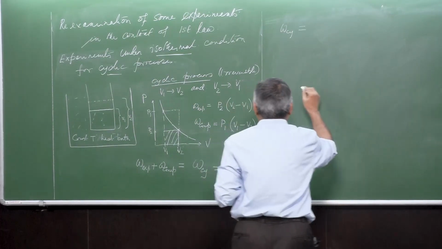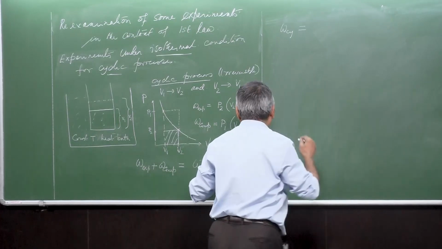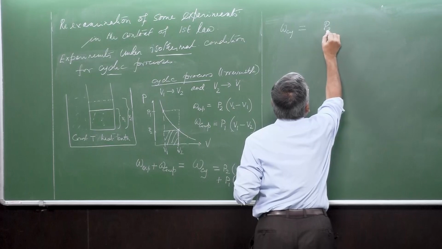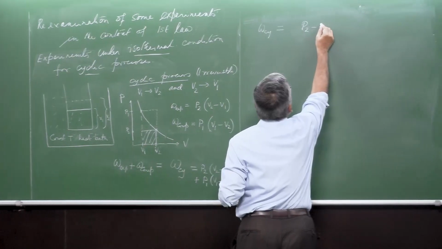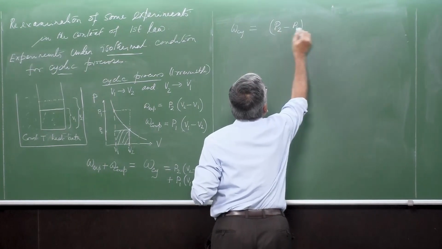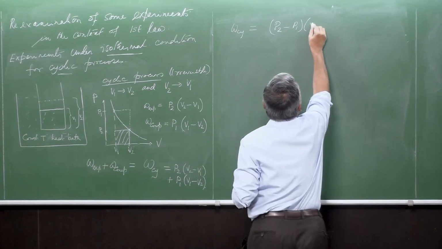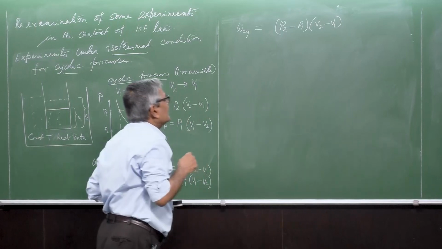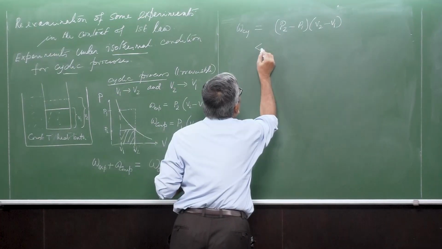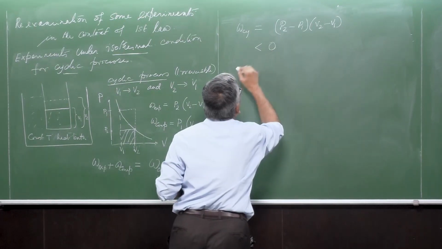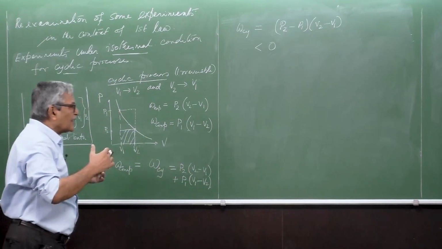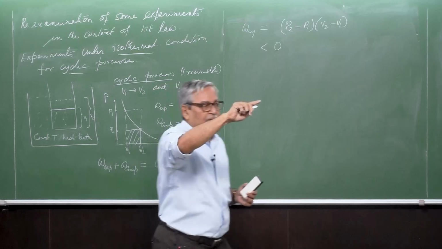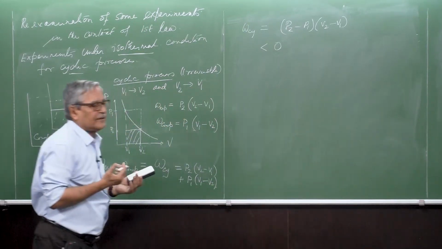So it is basically P2 minus P1 times V2 minus V1, and you can see that this is a negative quantity, less than 0. So the work done by the system as we complete the cycle is negative.